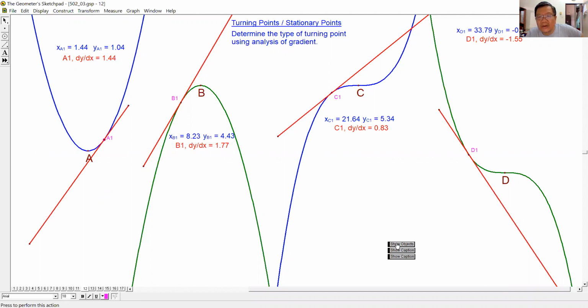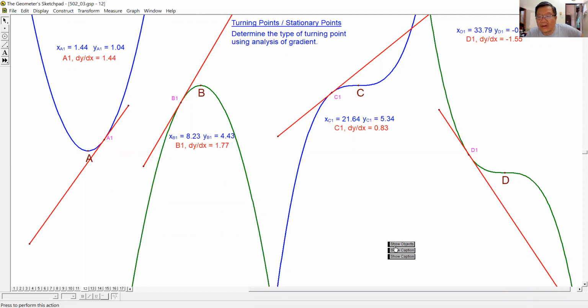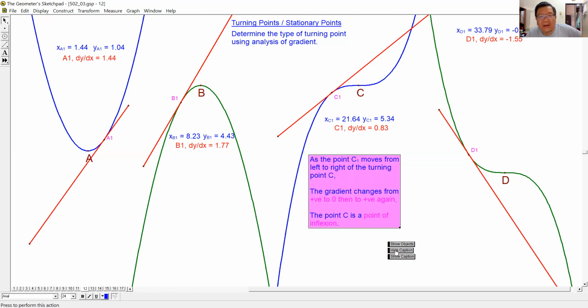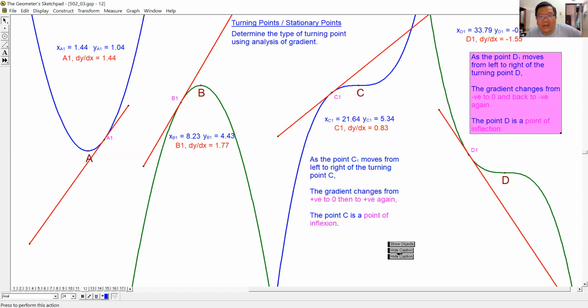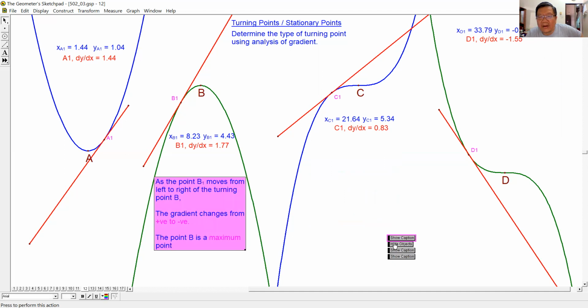So we show how to show. Nothing to show. What did I show? Oh, this one. What happened to this one?